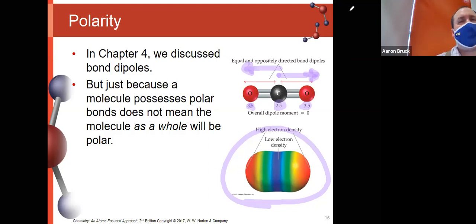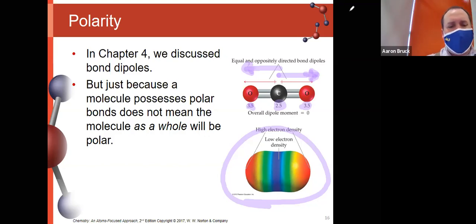And so this is where the concept of molecular shape really becomes important to us. Because with molecular shape, now we start to see just how even or uneven that pull actually is. Do the dipoles that are created work together to create an overall picture of polarity, or do they clash with each other and effectively cancel each other out?